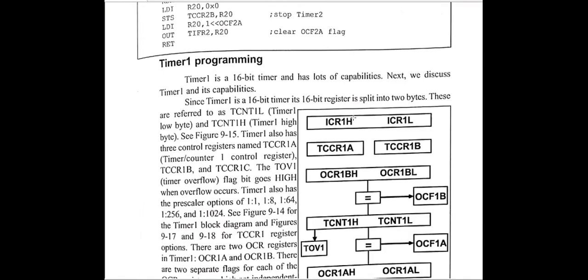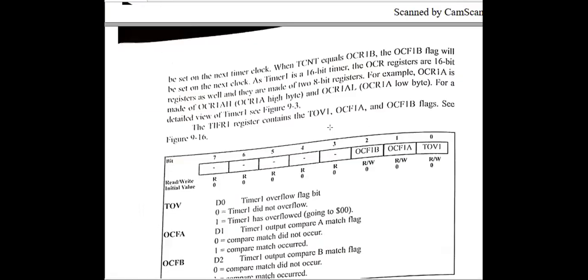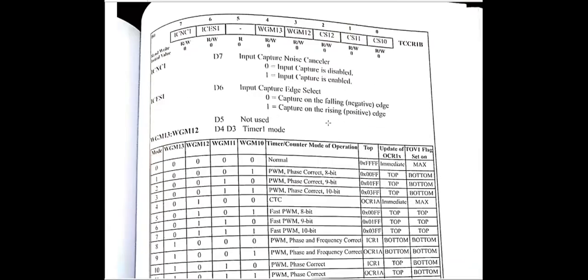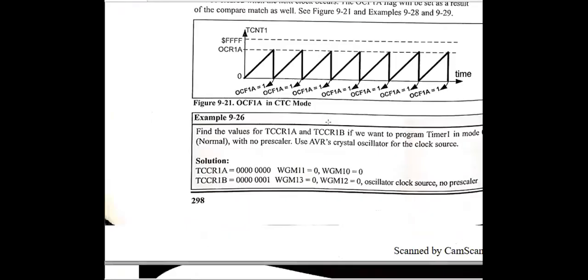So we have OCR1A, OCR1B, OCR1BH, OCR1BL. Similarly, these things are happening quite well.